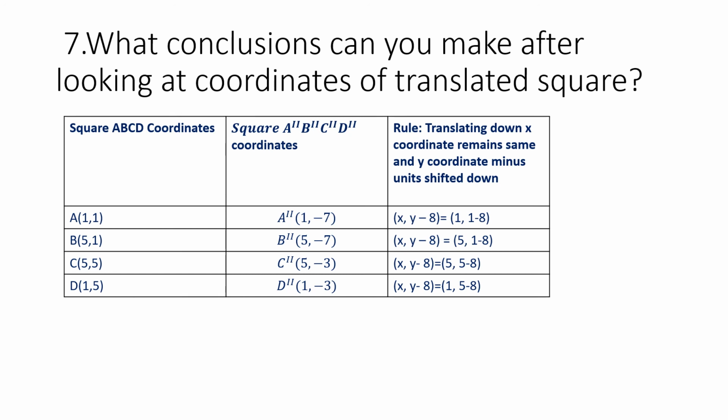Since we are shifting down, we subtract 8. The y value of A is 1, and the y value of A double prime is negative 7, so 1 minus 8 is negative 7. Same for B. And for C, we see 5 and negative 3, so 5 minus 8 gives us negative 3. So when shifting down, only the y value changes.